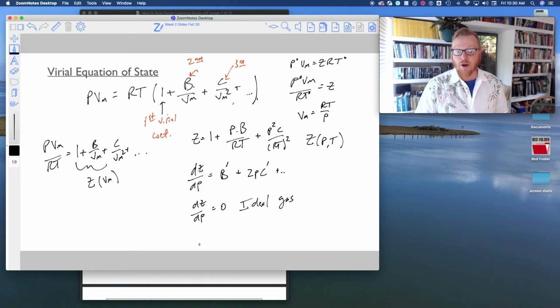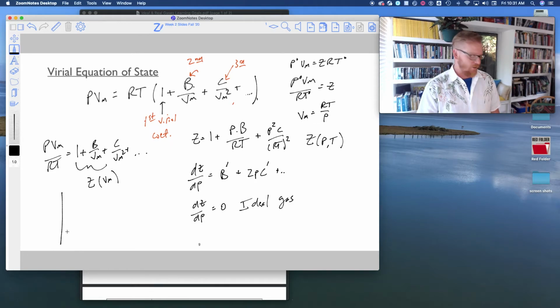If the compression factor has no bearing on the pressure, that's saying there's no interactions, no attraction or repulsion, if dZ/dP equals 0, or if it's very, very close to 0. And so I'll give you an example of this.